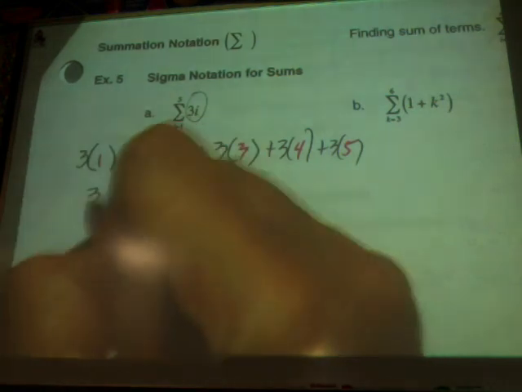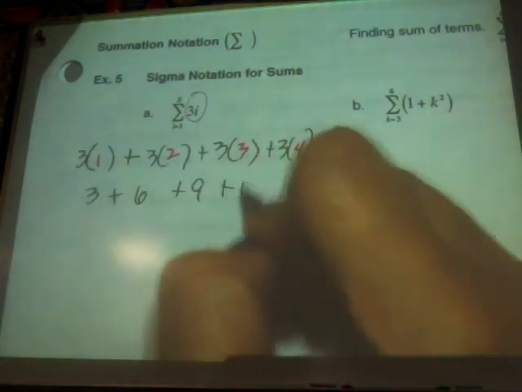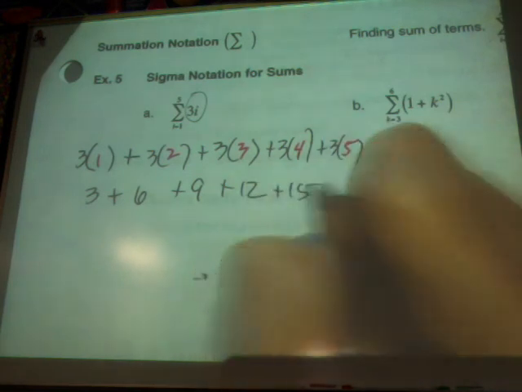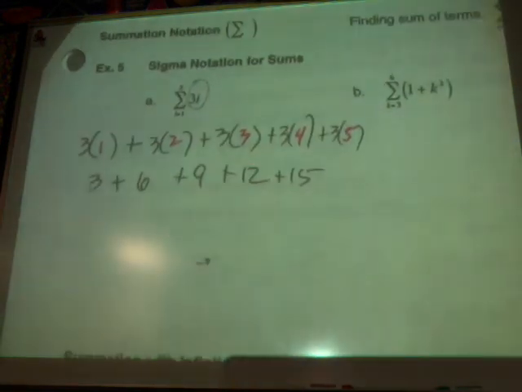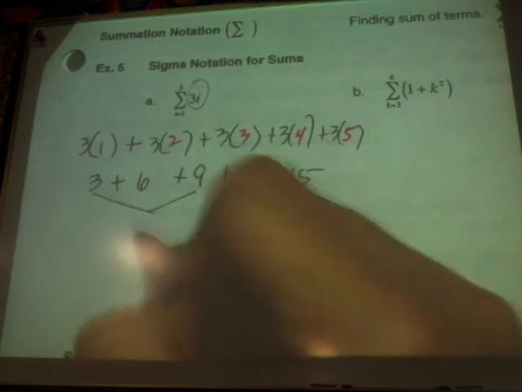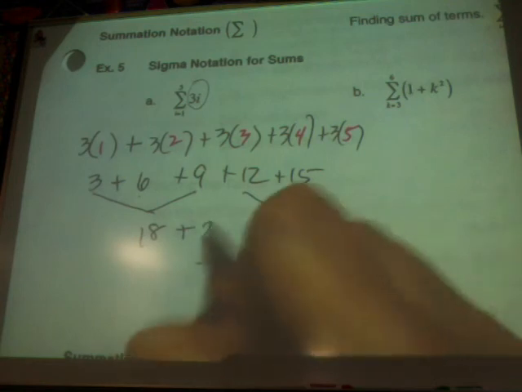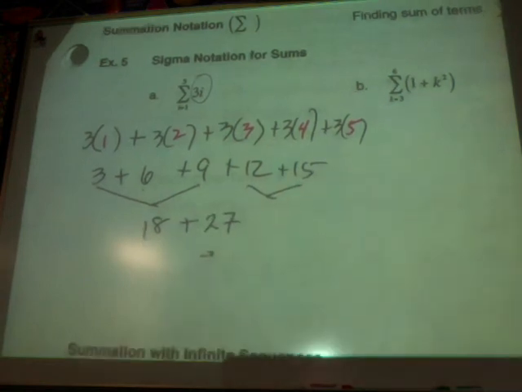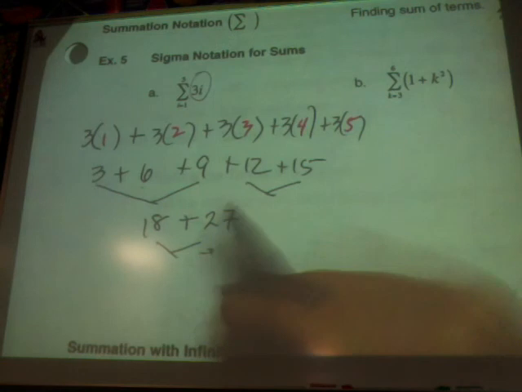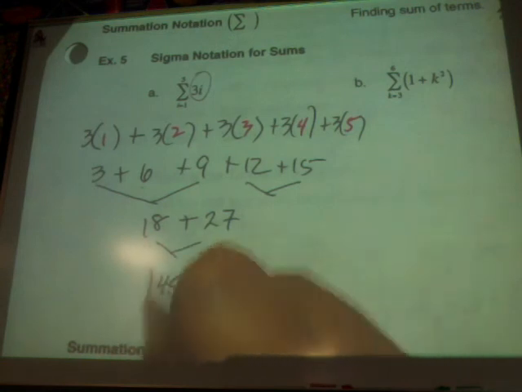So I have 3 plus 6 plus 9 plus 12 plus 15. 3 and 6 is 9, 9 and 9 is 18, 12 and 15 is 27, right? And then I can finally add those together and get 45 for a total sum.